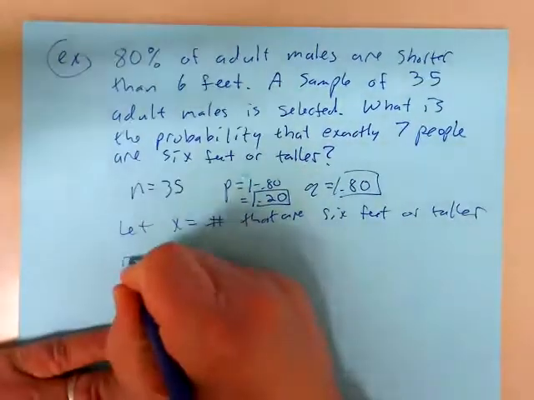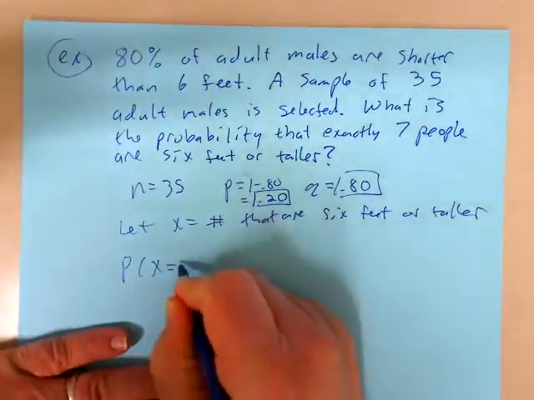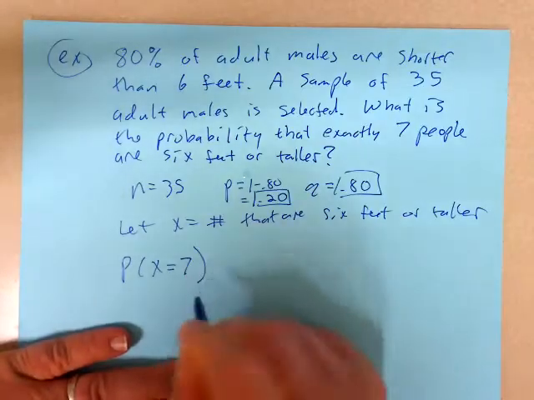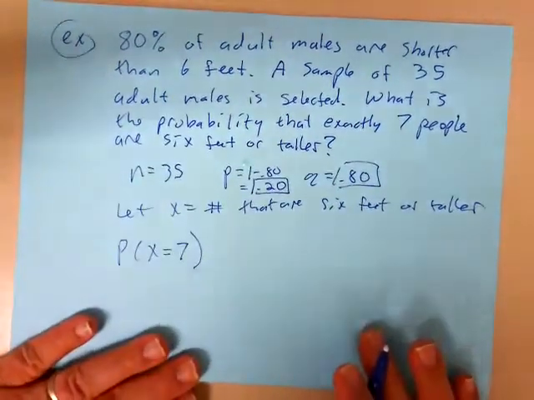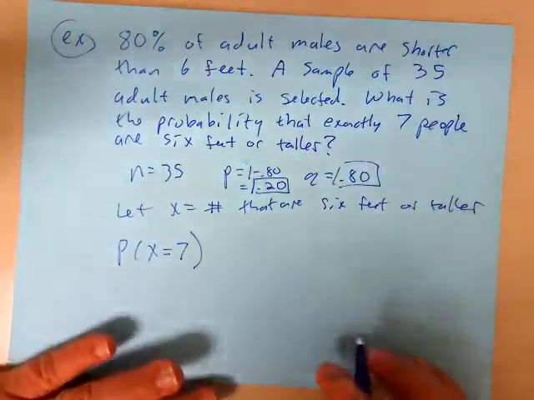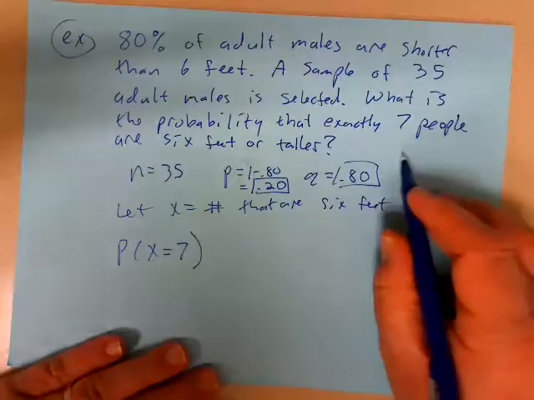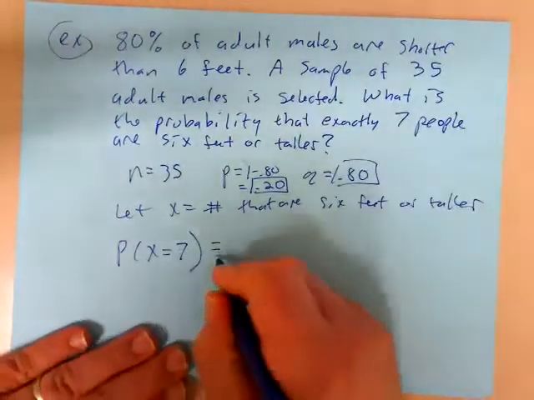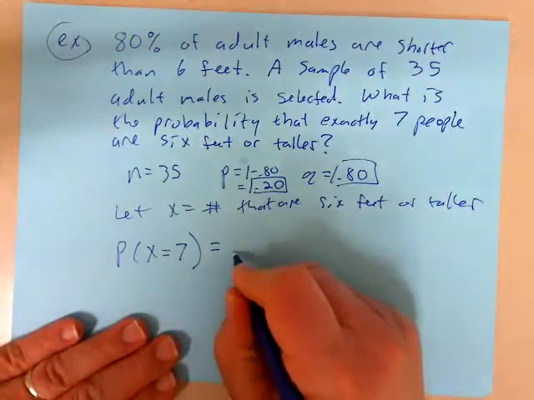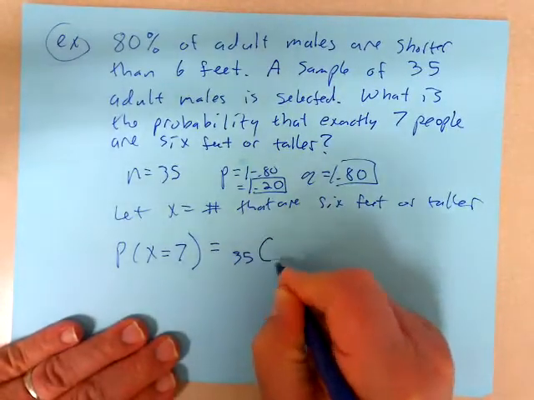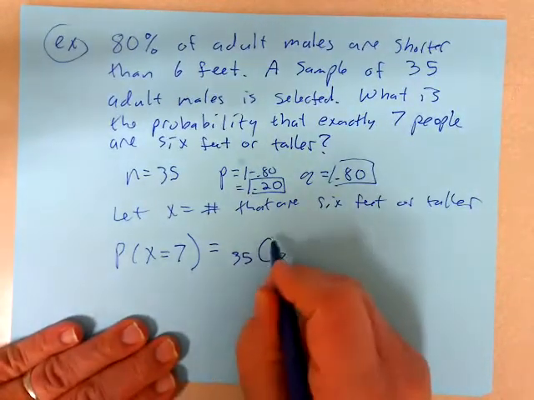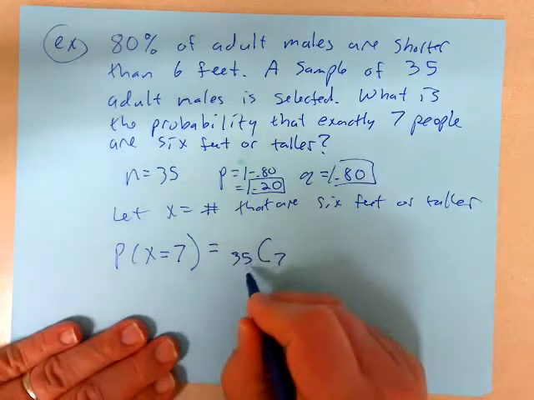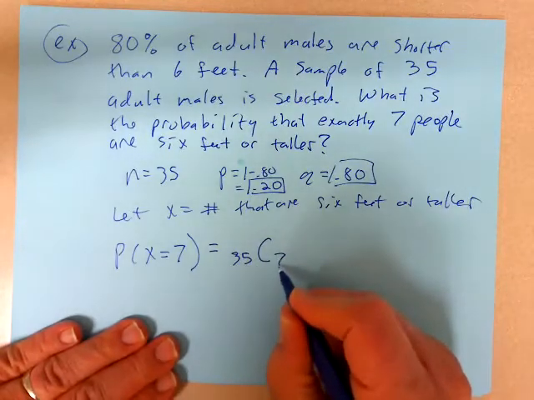Okay, and then what I want to do is find the probability that X is equal to 7. The probability that X is equal to 7. Now 35 choose 7, so the total out of 35 trials choose 7 to be successes.